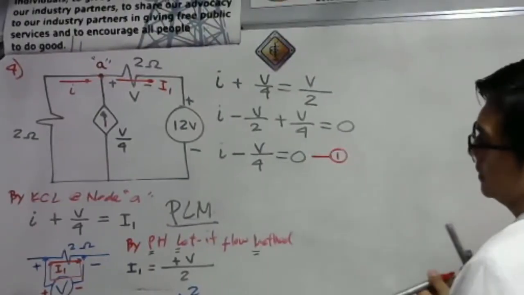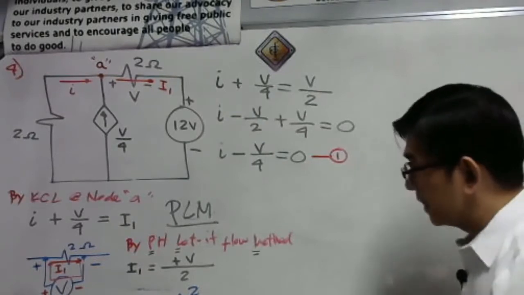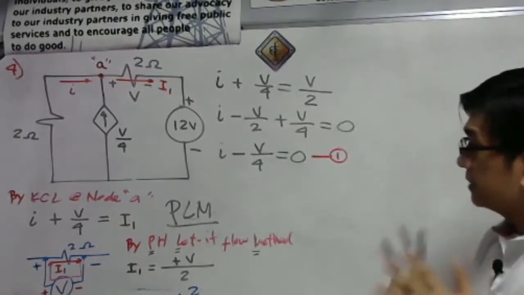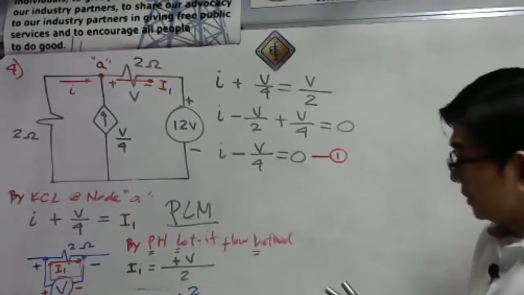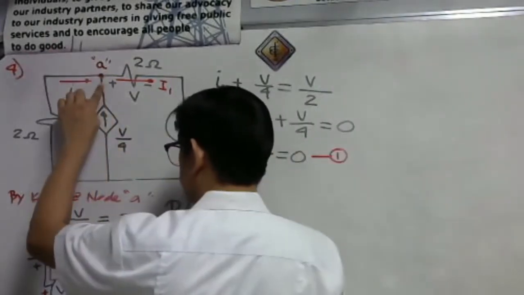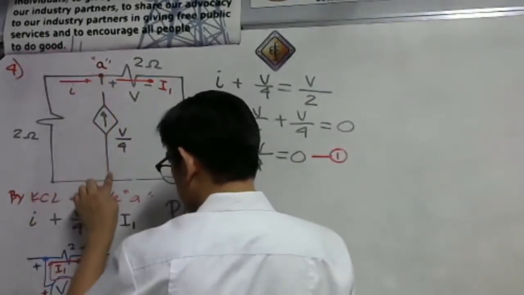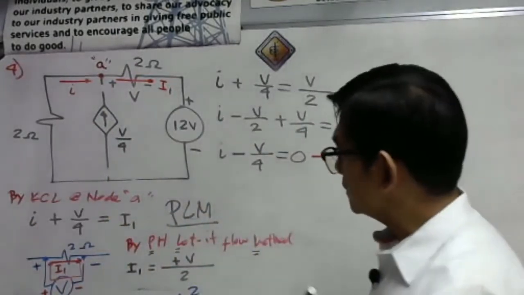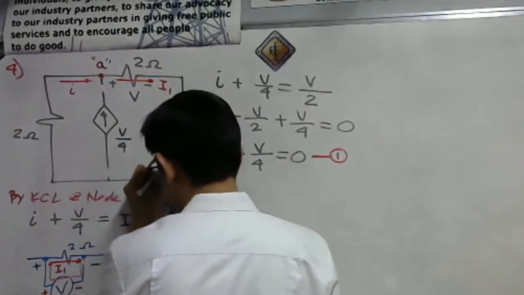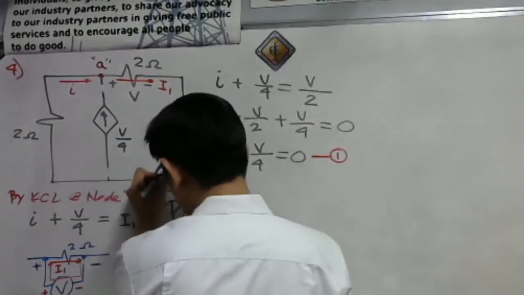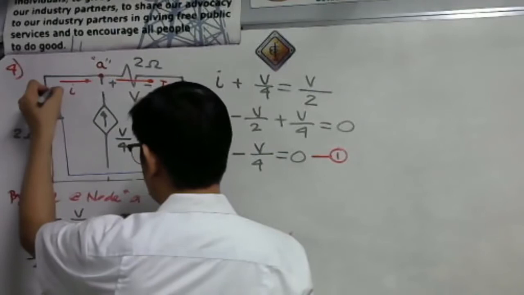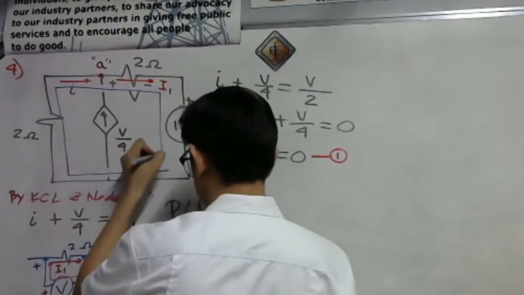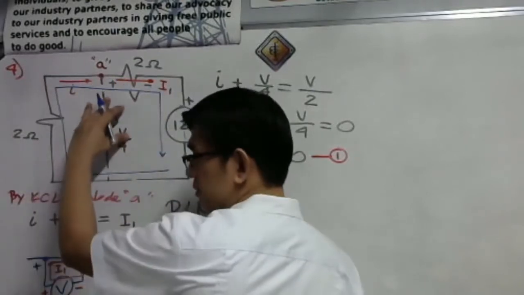And then now, let us have another equation because we have two unknowns. So I will consider this loop, which we called before the super mesh. We are going to consider this one complete loop here, disregarding your current source.